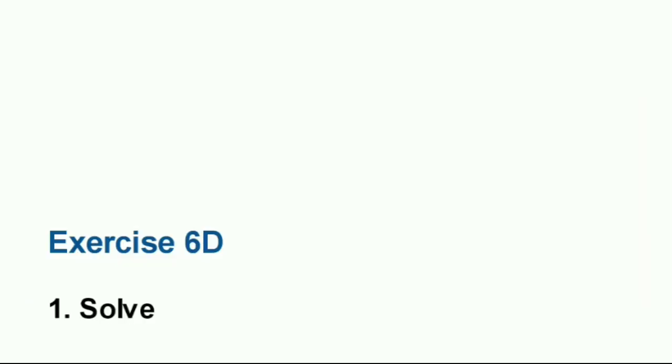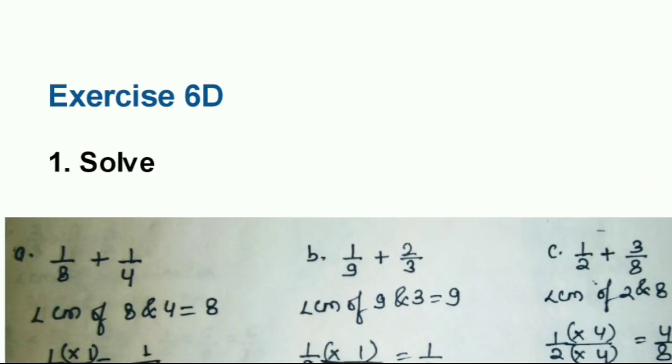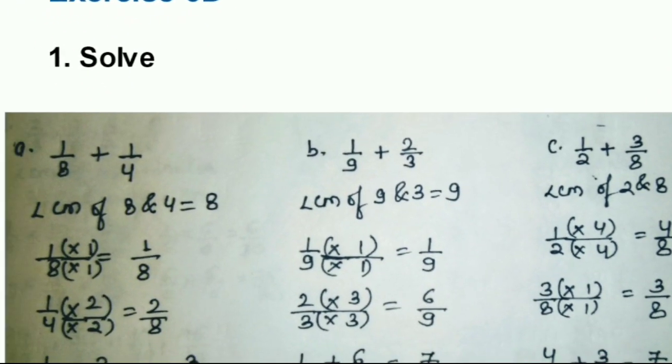Got it? Exercise 6D. In this one, first question, solve 1 upon 8 plus 1 upon 4. So first we will find the LCM of 8 and 4, that will come 8. After that, in this one, 1 multiplied by 8, we know that in the 8 table, 8 will come 1 time.